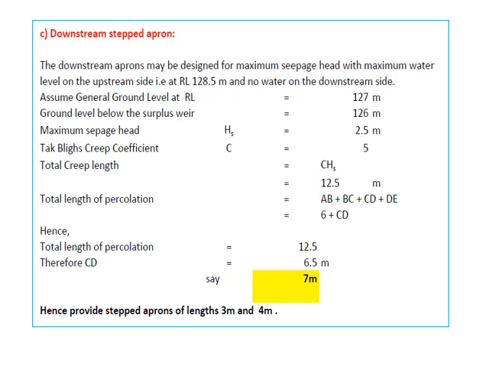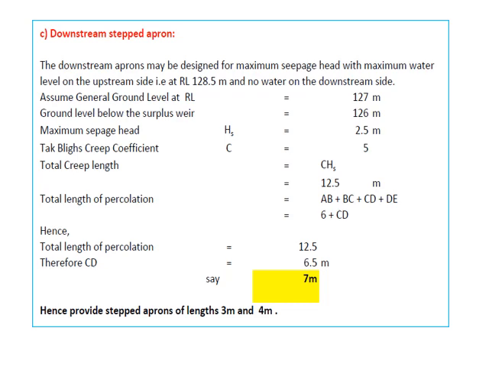So therefore there are two aprons that are provided. The first apron will be kept at the general ground level. The general ground level below the surplus weir is about 126, so no, it is 127. So the first apron will be kept at 127, and next the second apron will be kept at the level 126.